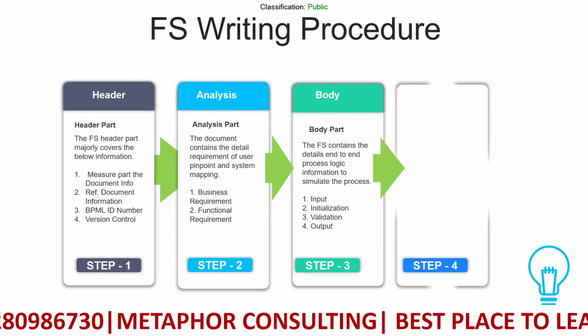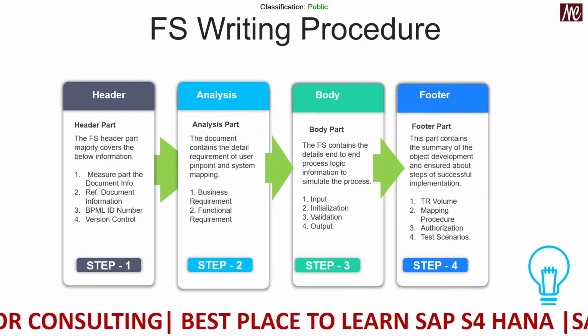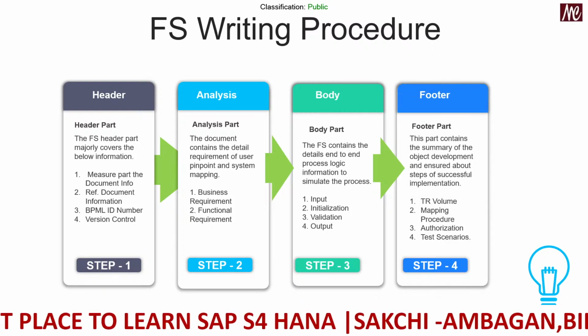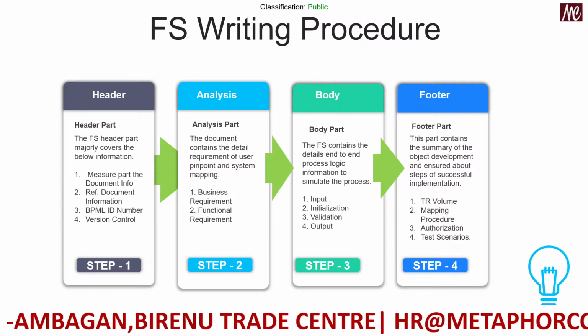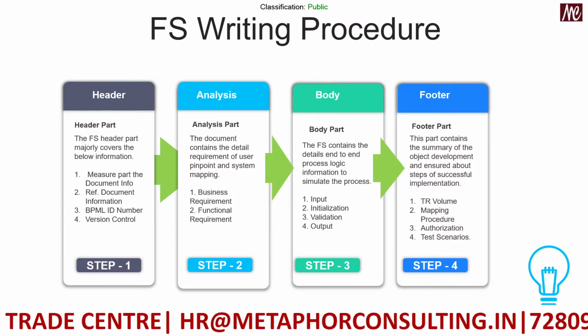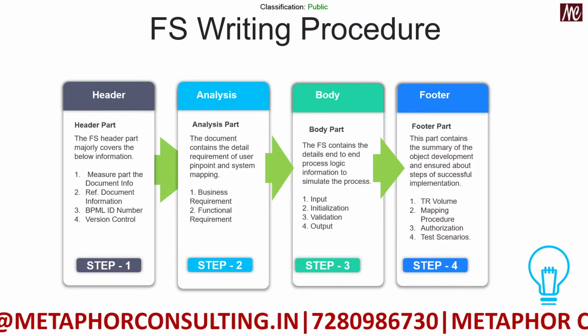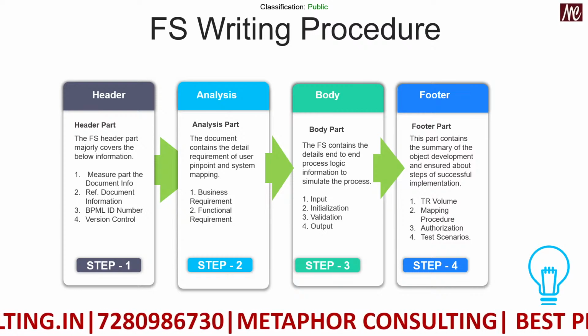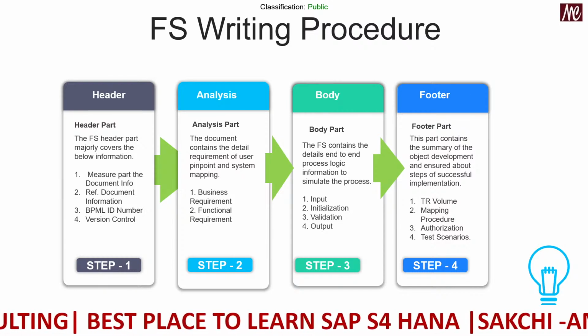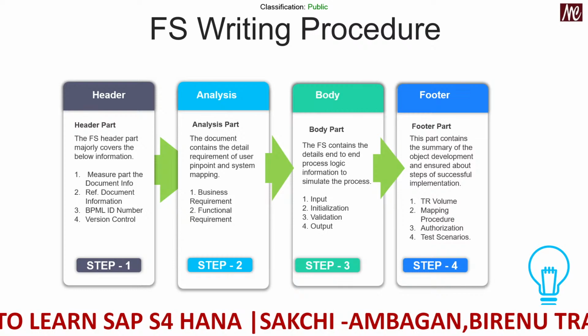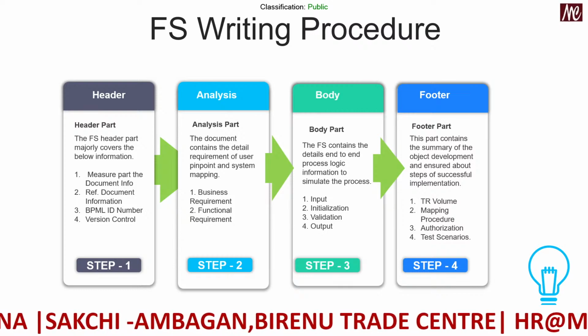The final step we are talking about is called the filler parameter, where we will have the summary of the object development and ensure the steps of successful implementation. TR volume means transport request volume, and transition volume; these all get mapped over here.